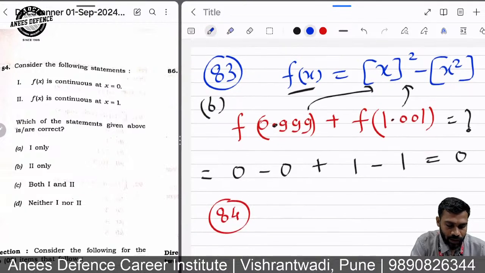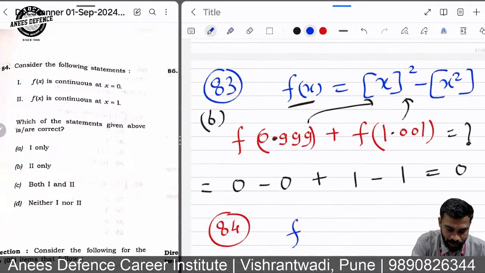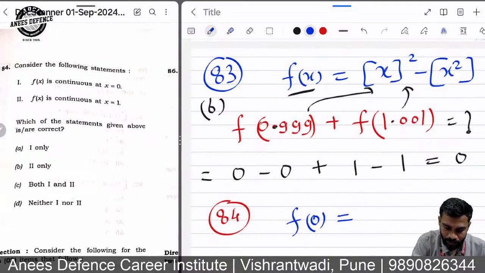For that, we need to find out the value of f of 0, right? F of 0 will be, of course, 0, right? 0 square, 0, GIF of 0 will be 0, 0 square is 0. Similarly, if you put x is equal to 0 in the second part, again, you will be getting 0.